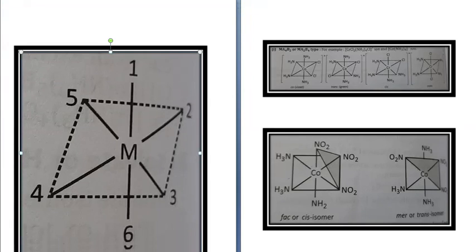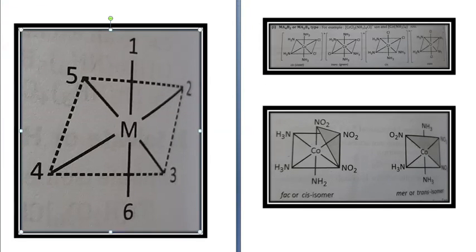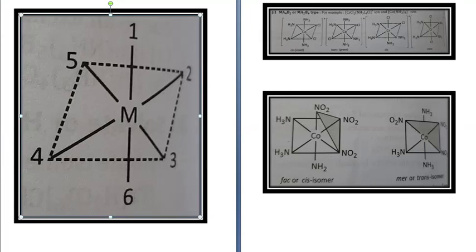Octahedral complexes, see the diagram over here. For octahedral, 6 ligands are attached to the central metal atom. Now coordination number becomes 6.